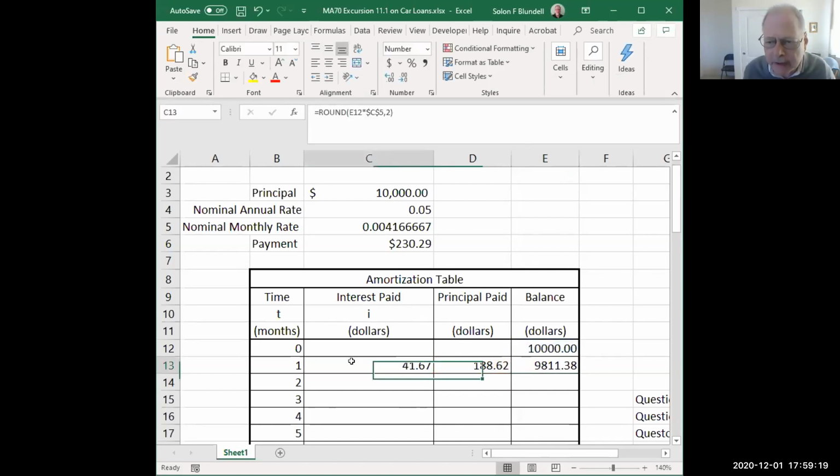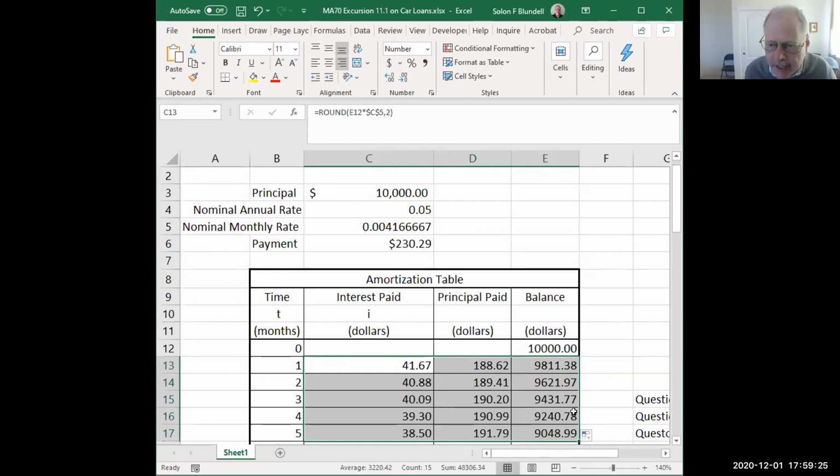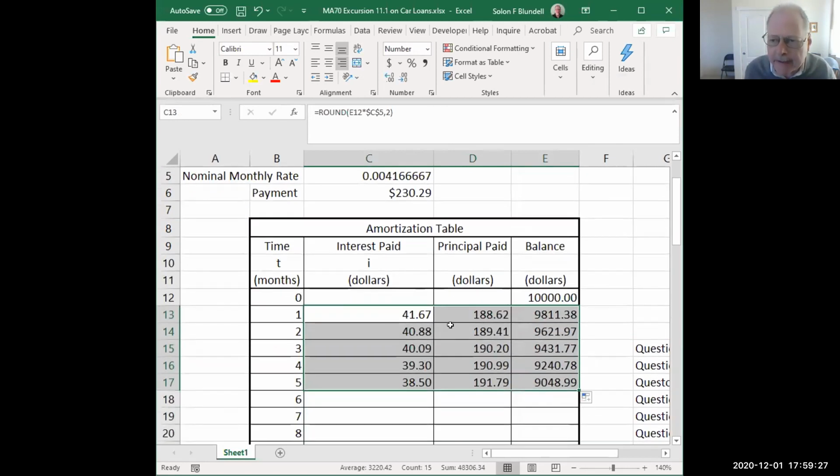So the advantage of doing it in a spreadsheet is then you just drag it down and it'll copy and paste into the rows below. And so you can get those numbers for all the months. And this thing is called an amortization table.